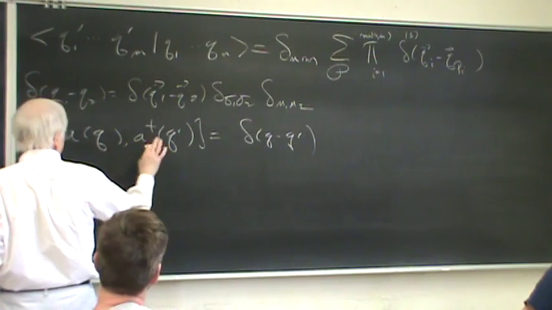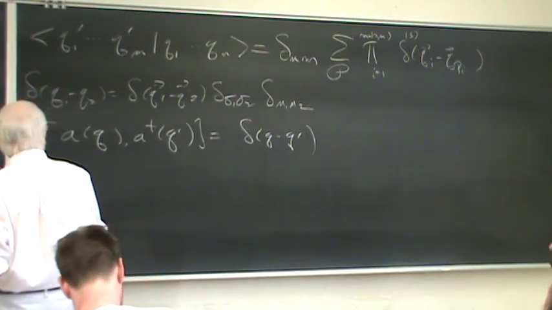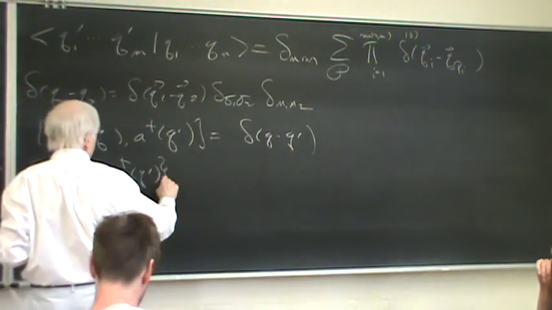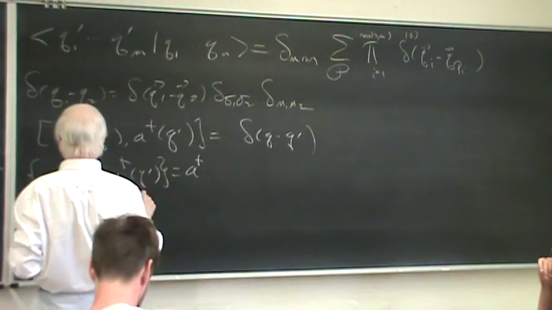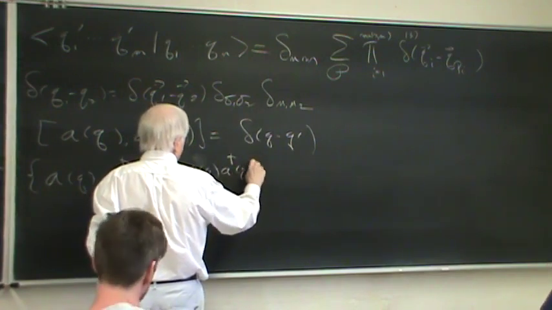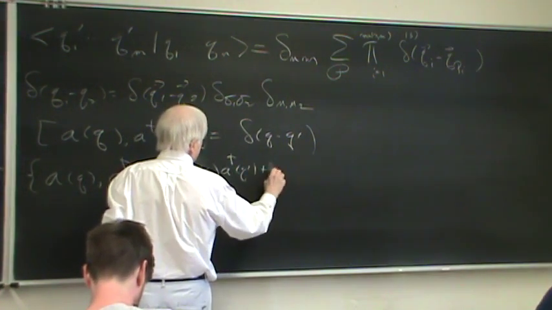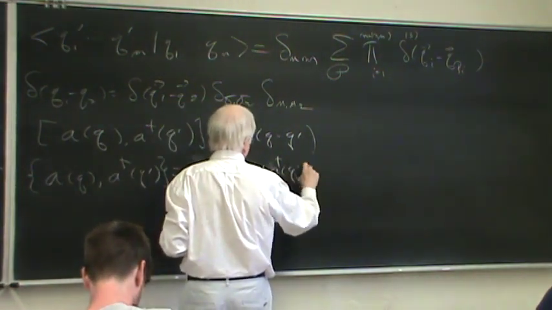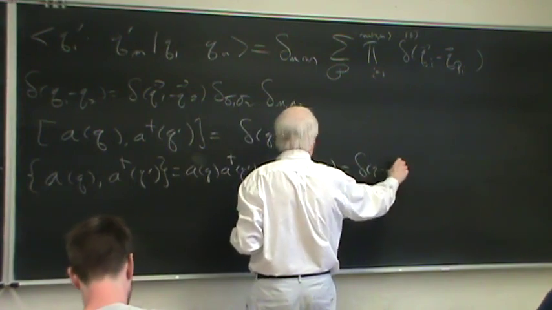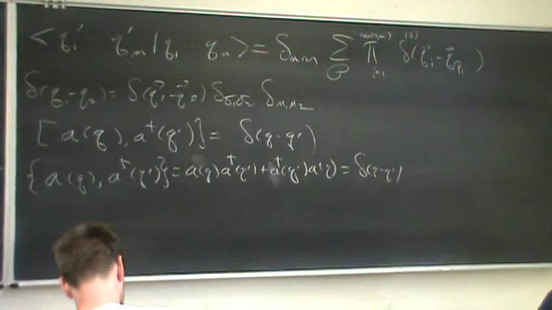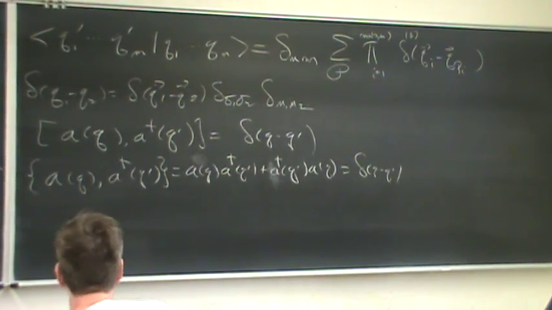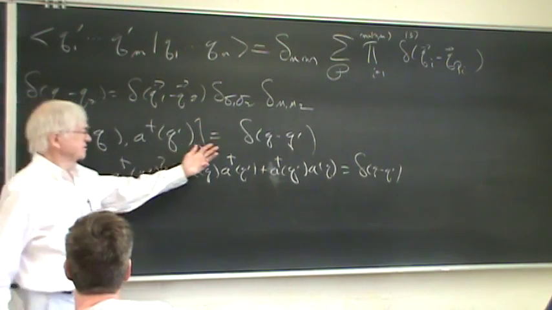For fermions, instead of the ordinary commutator, one has the anti-commutator, which is a dagger, A of Q, a dagger of Q prime plus a dagger of Q prime, A of Q, equals delta of Q minus Q prime. So in other words, all the boson operators have a commutator that's proportional to the delta function.